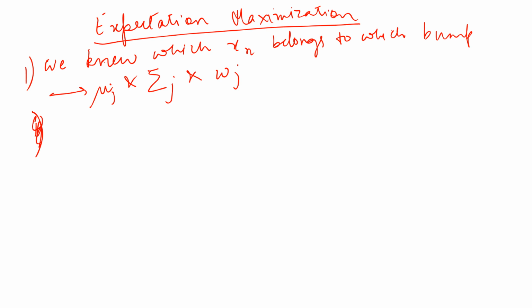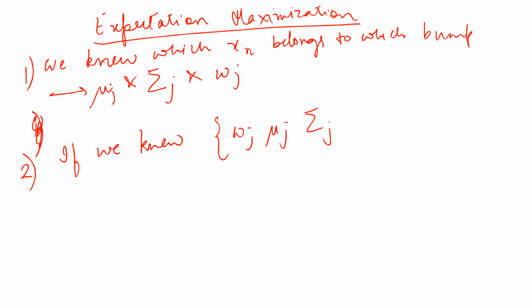That's point number one. Now, point number two, just flip this. If we knew w_j, mu_j, and the covariance, then we know which point belongs to bump j.